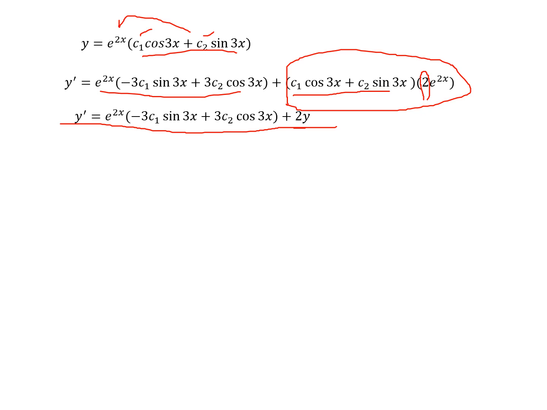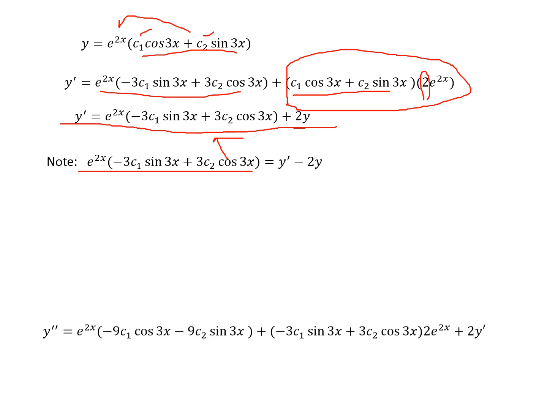Once we differentiate y, that's already y prime. There are no arbitrary constants there. Now, note, this will be important to us. If I solve for e to the 2x times negative 3c1 sine 3x plus 3c2 cosine 3x in this equation, I will just transfer: y prime minus 2y.